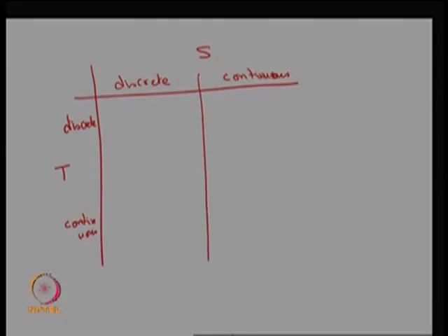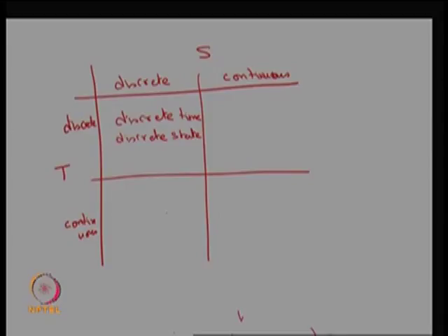So accordingly, you can classify the stochastic process into four types, in which if t is discrete as well as S is discrete, then it is a discrete time, discrete state stochastic process. Discrete time or discrete parameter, both are one and the same. Similarly, if t is discrete and the state space is continuous, then we call it a discrete time continuous state stochastic process.